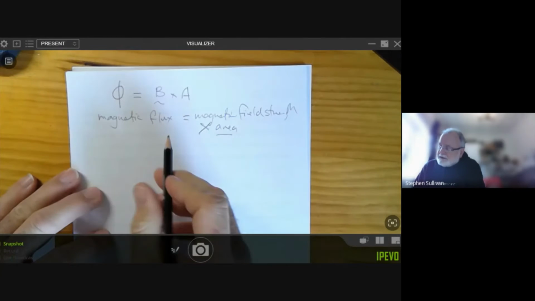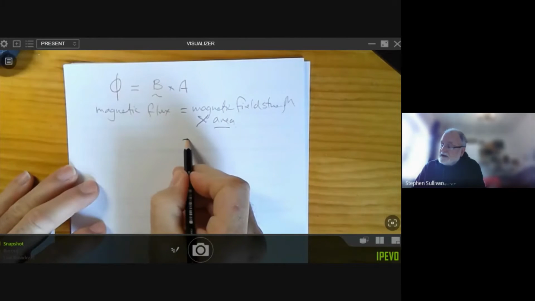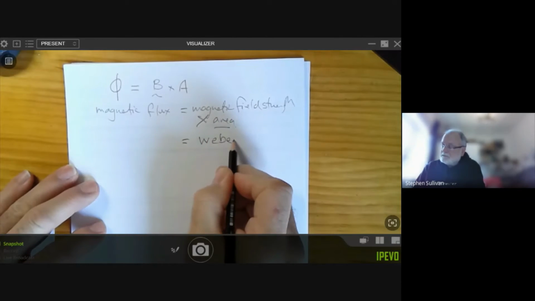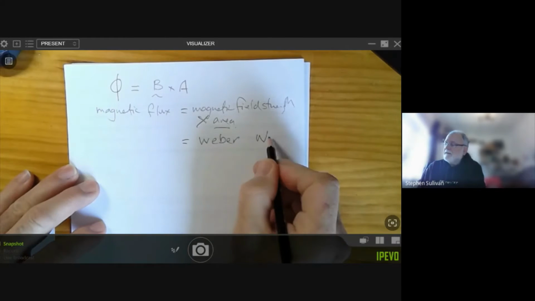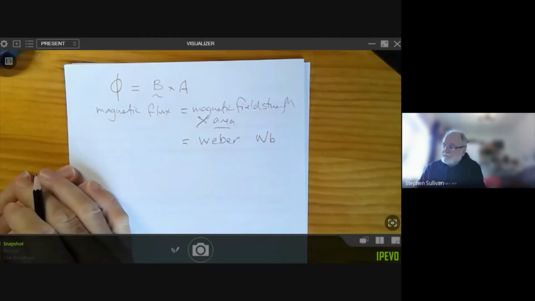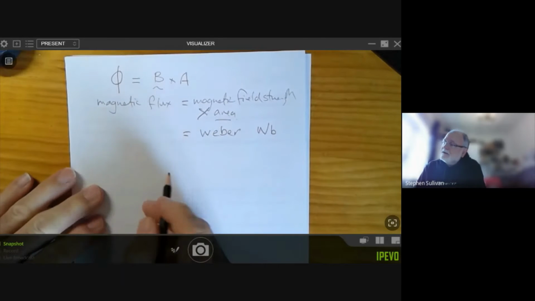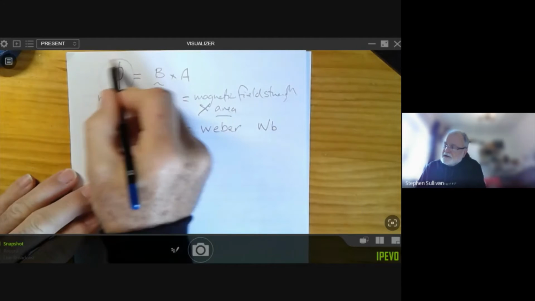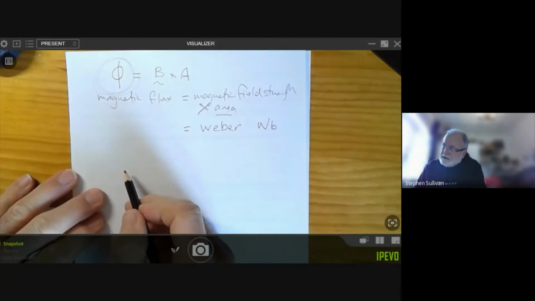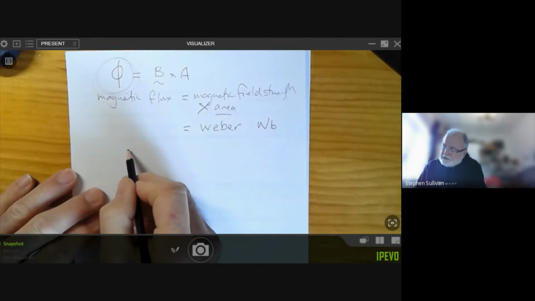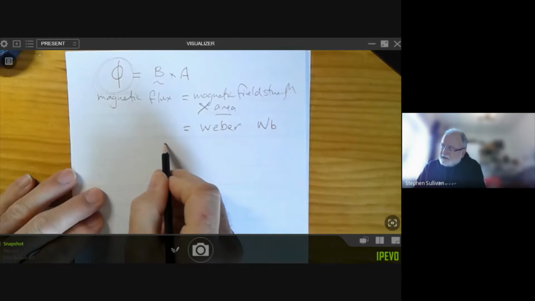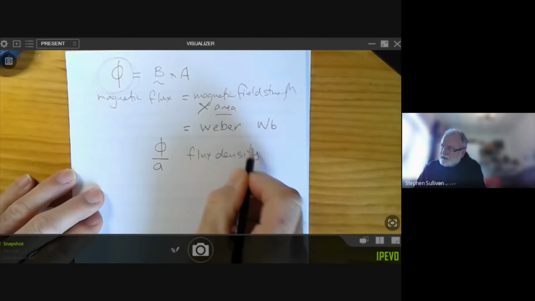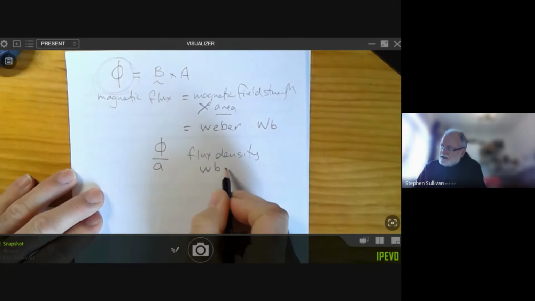And the magnetic flux has got its own unit, and its own unit is Webers. Weber, capital W, little b, for magnetic flux. This flux is what we're going to be mostly concerned about. And if we divide flux by area, we get flux density, so that's going to be Webers per square meter.